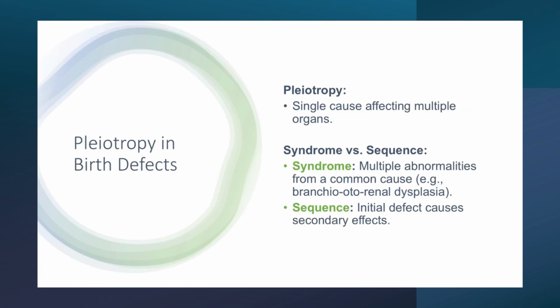Pleiotropy describes how a single genetic mutation or environmental factor can impact multiple organs. Syndromes, like branchio-otorenal dysplasia, result in parallel abnormalities, whereas sequences begin with one defect that leads to additional complications.